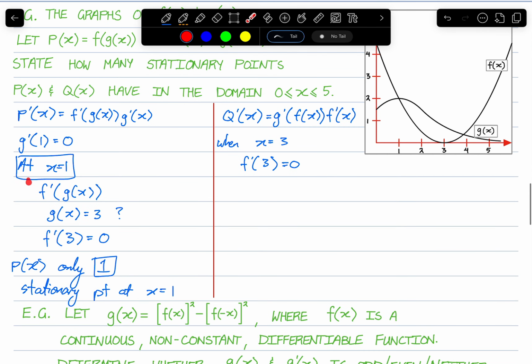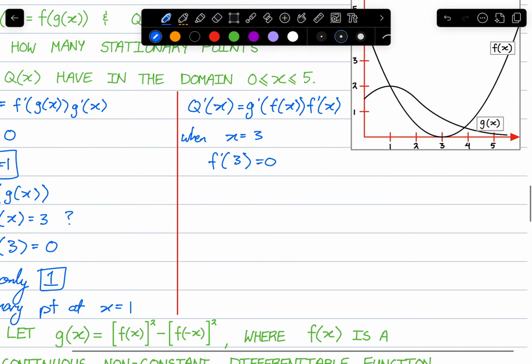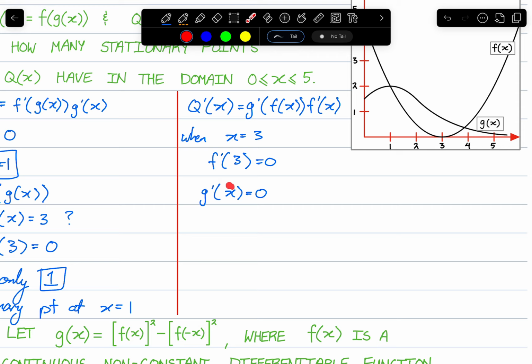But using the same logic that we did here, let's take a look at g prime of something equals 0. As you can see, at x equals 1, g prime of 1 equals 0. Okay, so we've established that. But now think about that f of x is on the inside of g prime.